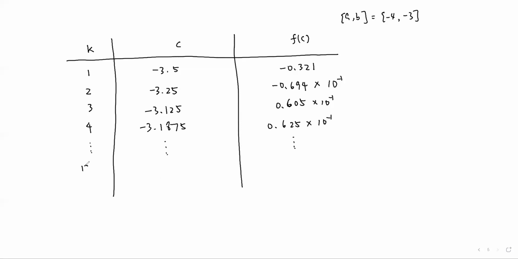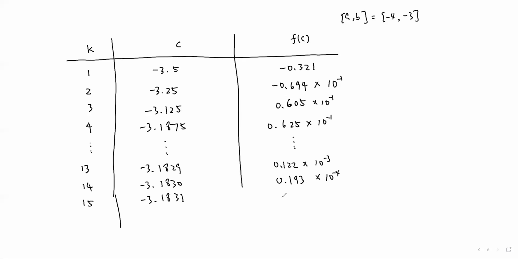Then the 13th step, the midpoint is this, and the function value is on the order of 10 to the -3. Step 14, 10 to the -4, and 15, function value -0.124 times 10 to the -4.